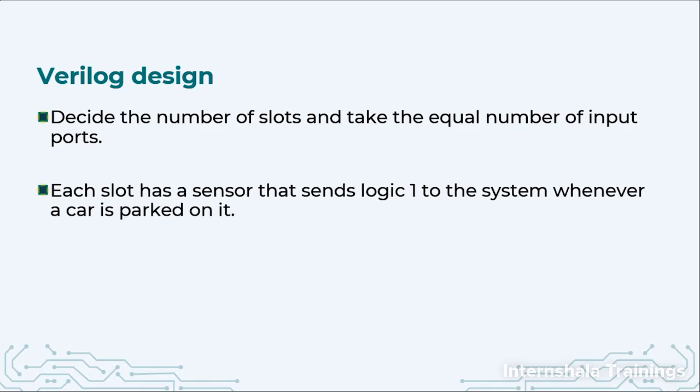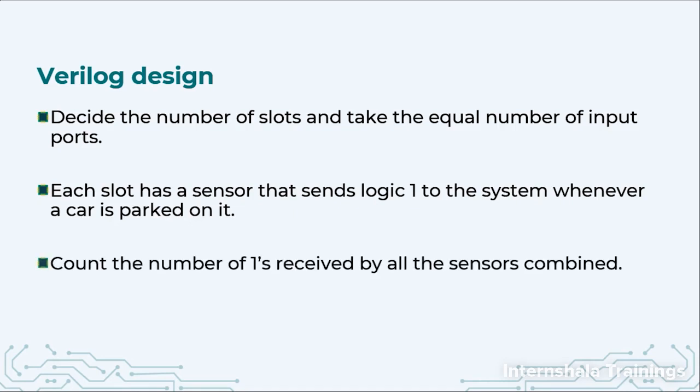If we assume that the sensor is sending logic 1 when the car is parked, accordingly we will design the system. We will count the number of ones and that will give us the number of cars that are parked. So out of 8, if I am receiving ones from 3 different sensors, that means 3 cars are parked.